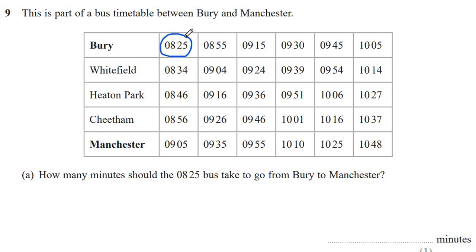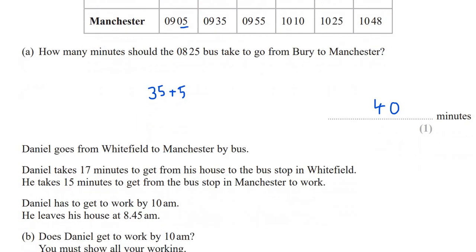It leaves at 8:25, goes to Whitefield, then Heaton Park and Cheetham, and finally it comes to Manchester at 9:05. So from 8:25 to 9 a.m. is 35 minutes, and then another 5 minutes, so 35 plus 5 is 40 minutes that it takes to reach Manchester.